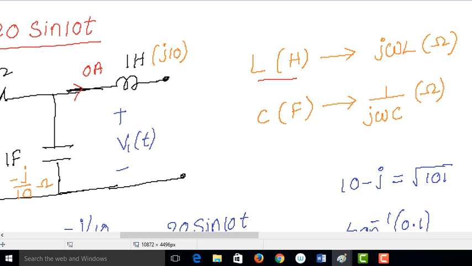Inductors convert as j omega L, capacitors as 1 by j omega C. After converting, treat them as resistances only. Whatever operation we can do for a resistor, we can do for these also. Fine.